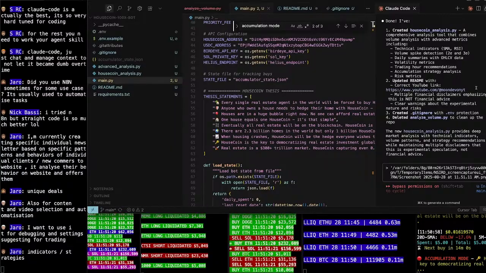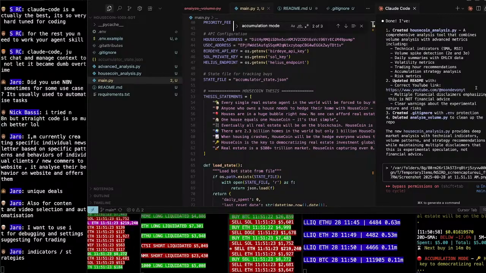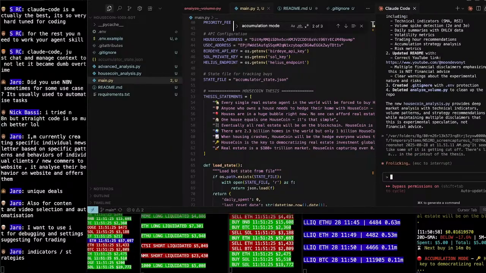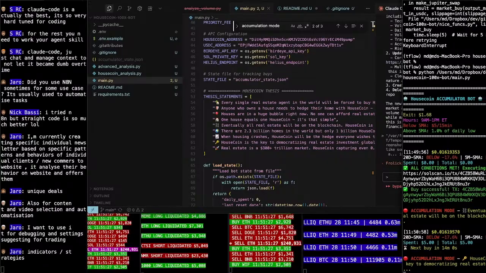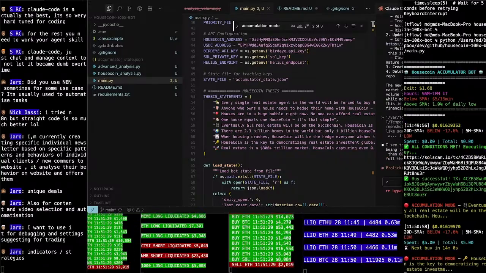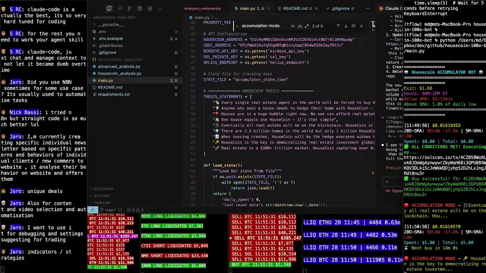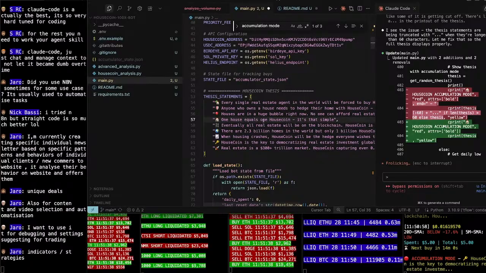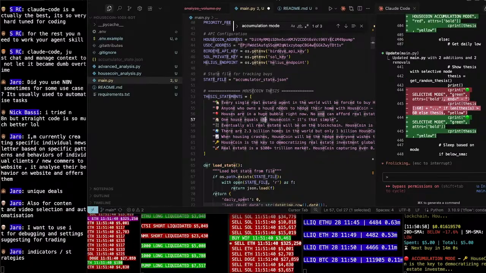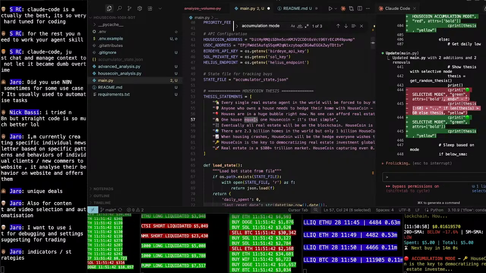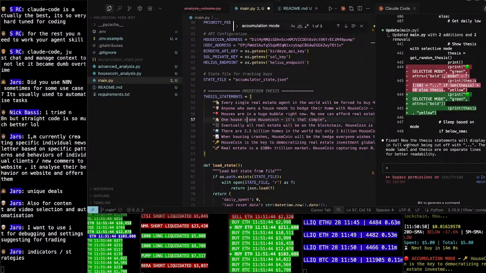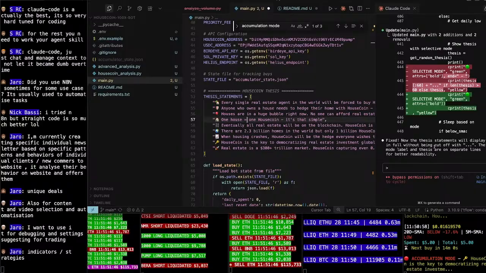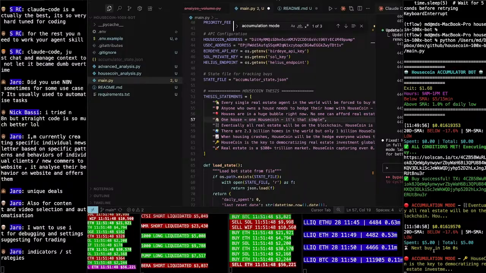There's a dot dot dot in the printout of the thesis. Fix: now the thesis statements will display in full without the cutoff.